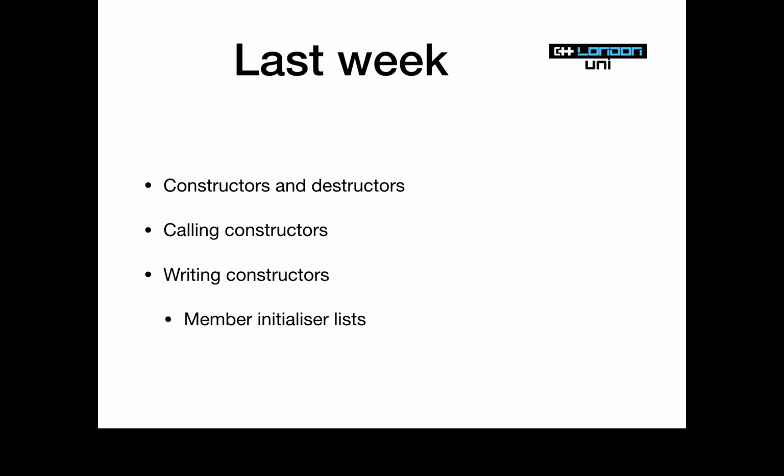Let's go on to talking about C++. Last week we were talking mostly about constructors. Well, entirely about constructors. We had an introduction to what constructors are, destructors, how we call constructors, and all that horrible stuff about different syntaxes, the differences between the curly braces and the round brackets.